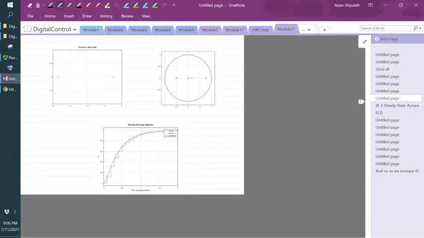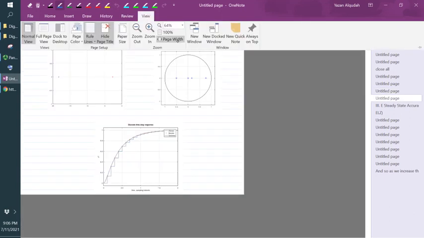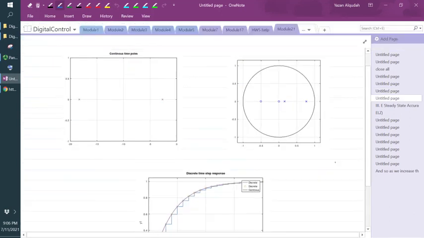Now I also looked at the case when it is overdamped. In this case, the poles of the continuous time system are along the real axis, and therefore I know this is an overdamped response.